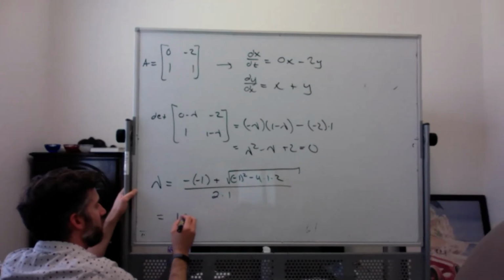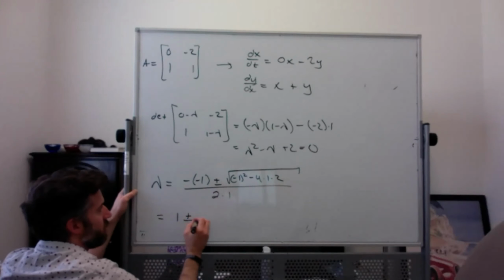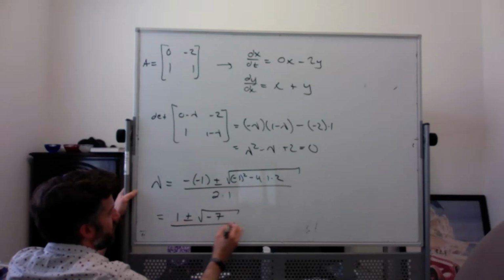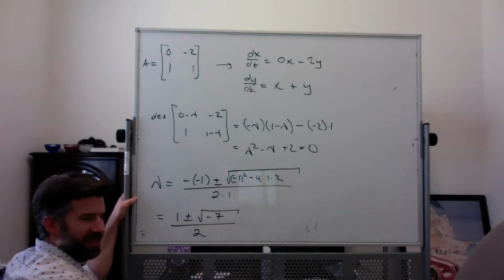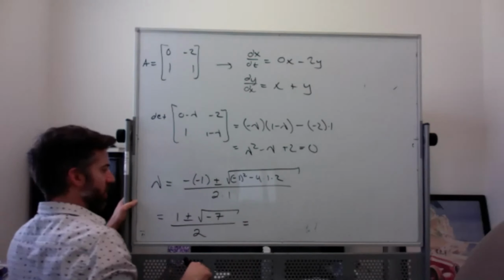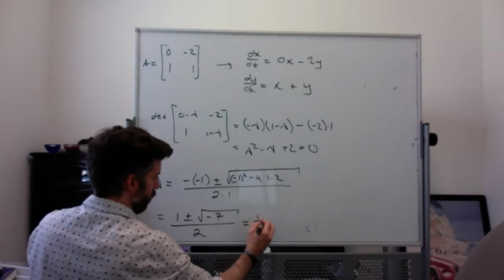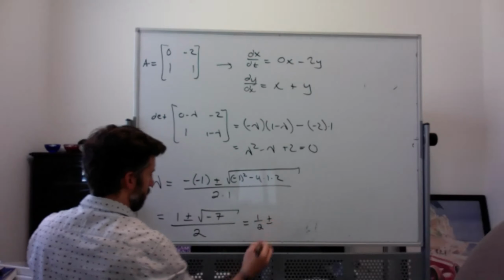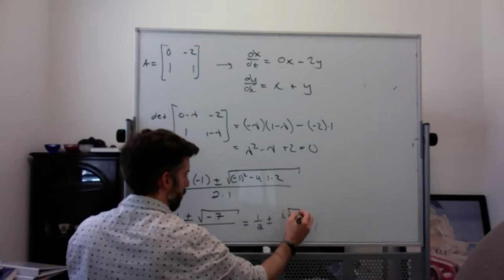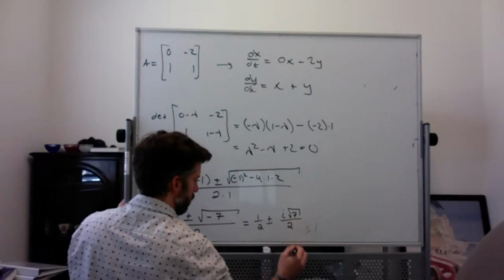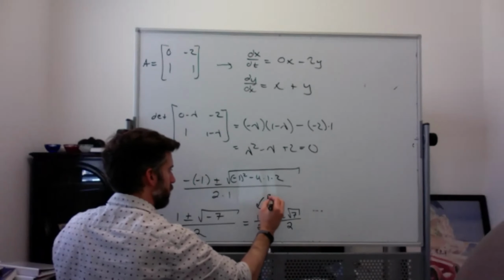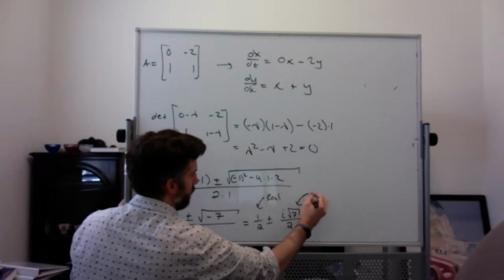That ends up being 1 plus or minus the square root of 1 minus 8, which is negative 7, which is imaginary. If I write it as the real part plus or minus the imaginary part, it's 1/2 plus or minus the square root of negative 7 over 2, which is i times the square root of 7 over 2. So this is the real part, and this is the imaginary part.